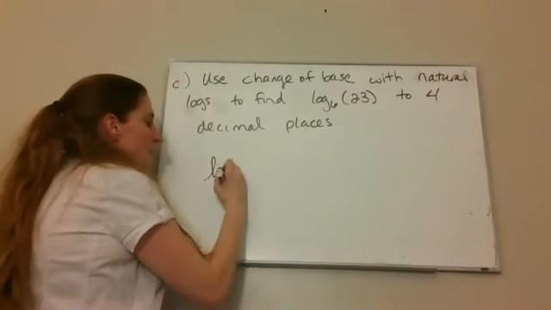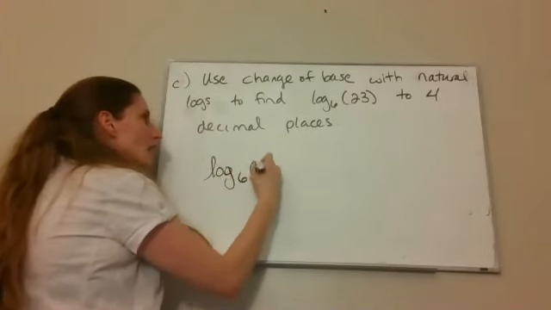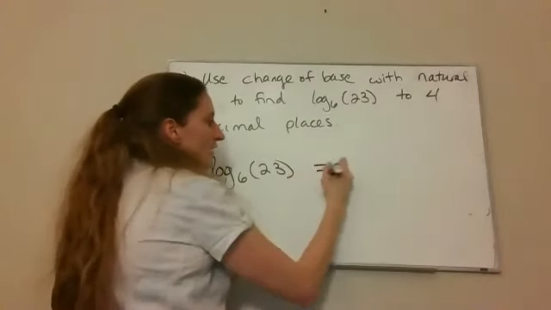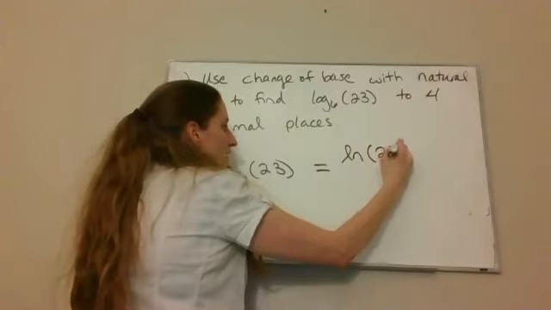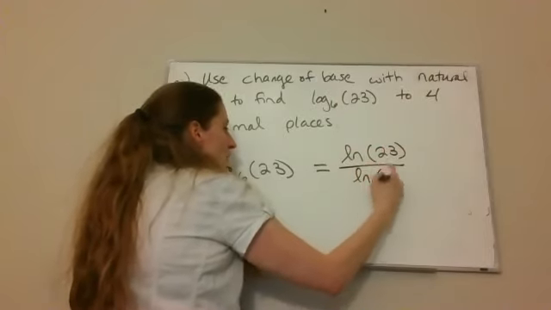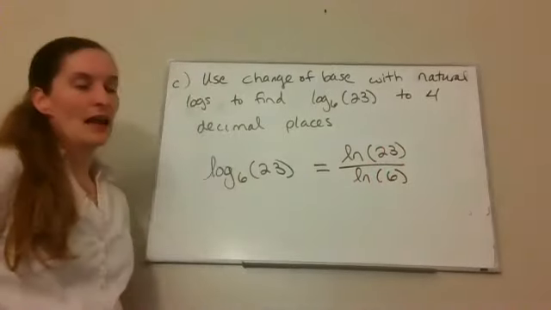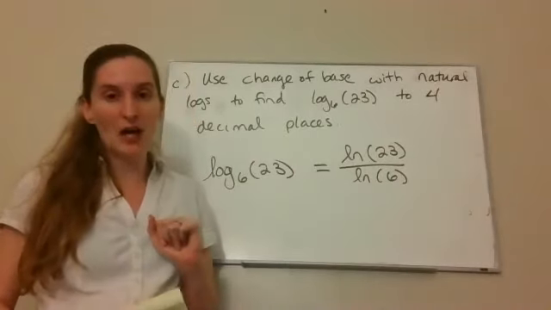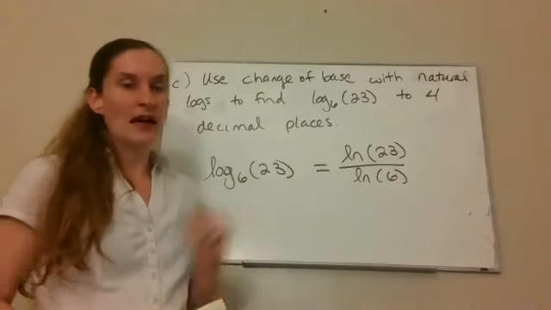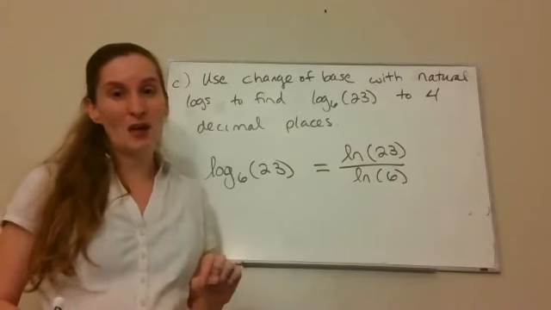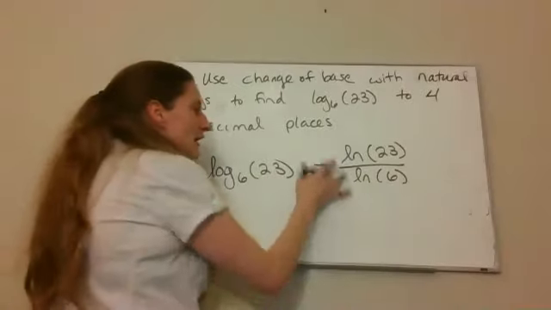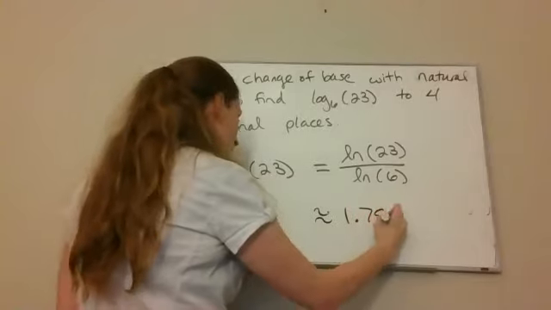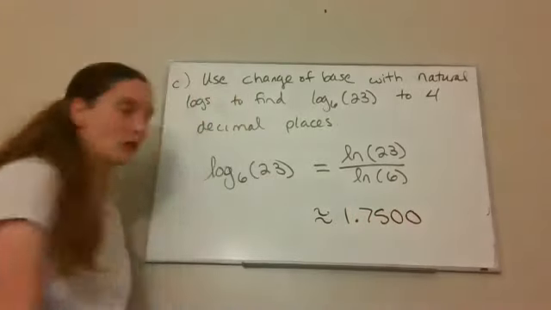So my change of base formula using natural logs tells me that log base 6 of 23 is equal to natural log of 23 divided by natural log of 6. And now, even though the natural log of 23 is very different from common log of 23, and natural log of 6 is very different from common log of 6, when you write it in this way with a ratio, you're still going to get the exact same result, 1.7500.